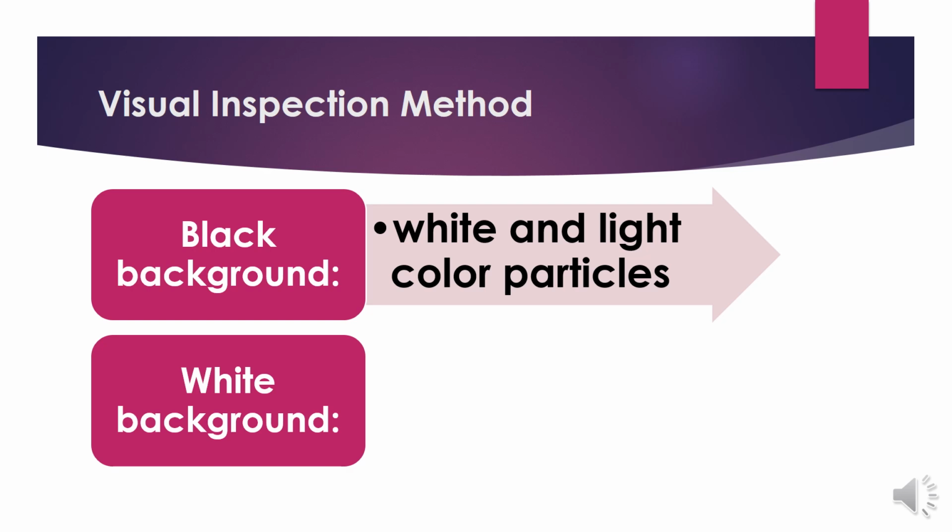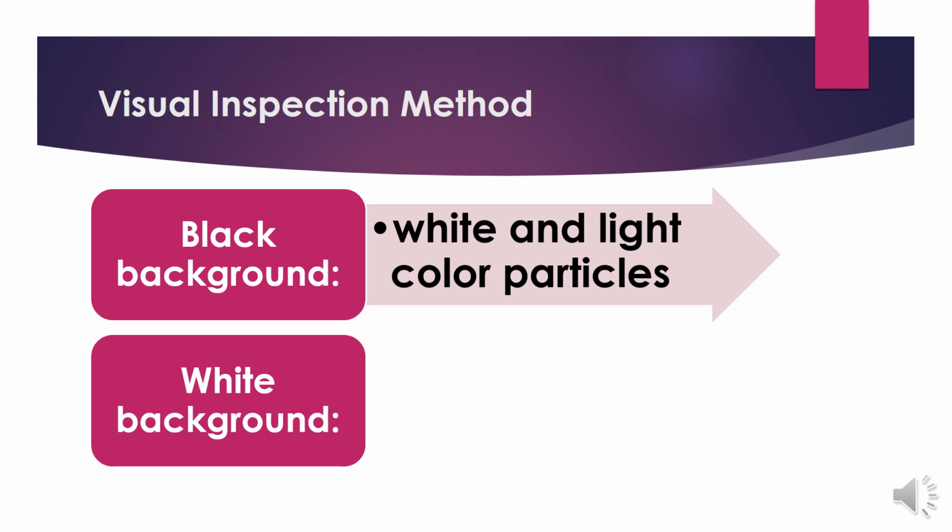It means that when the product has white or any light color particles, they will be more visible against a black background as compared to a white background. So there will be a contrast there.